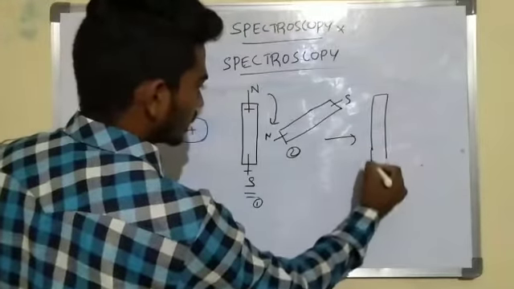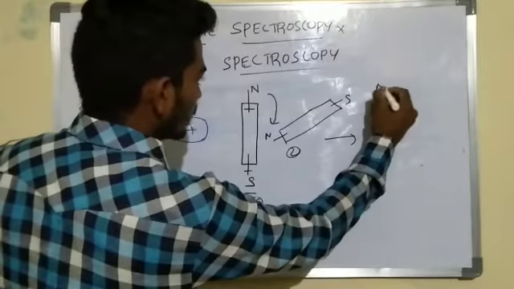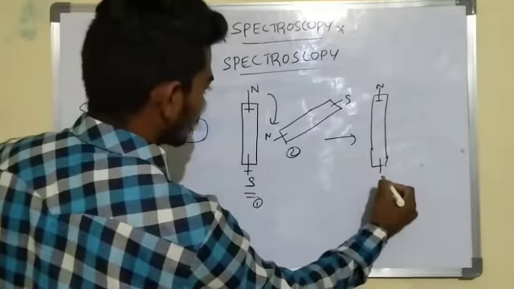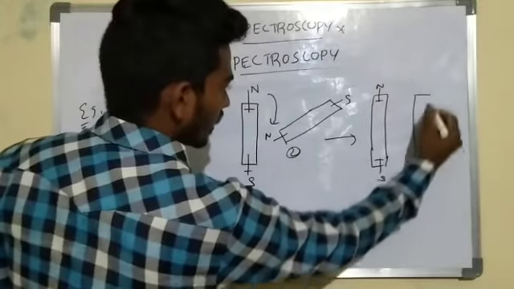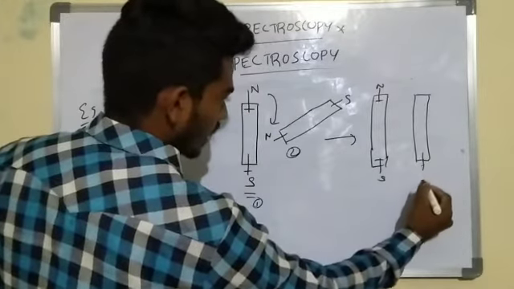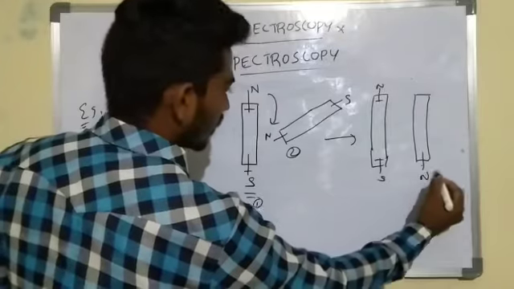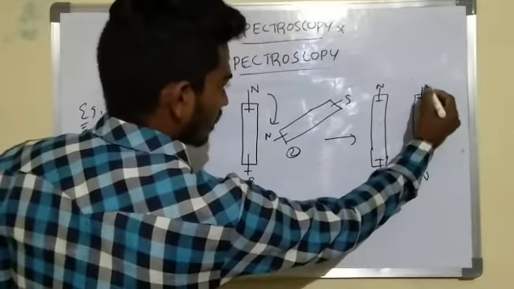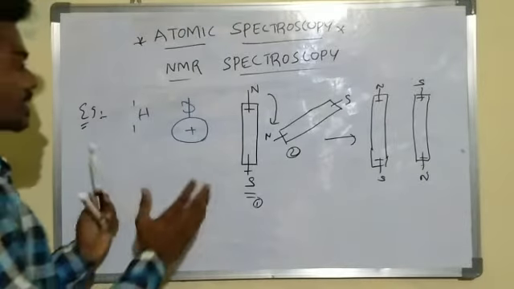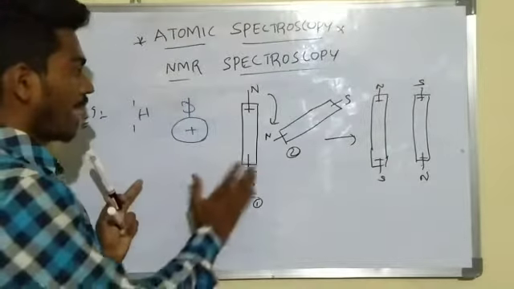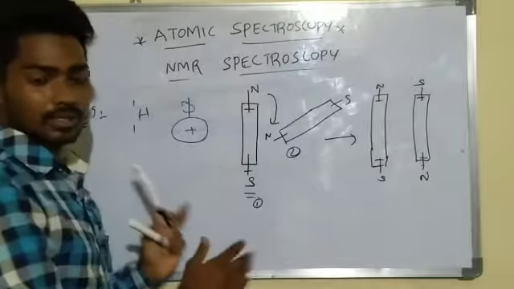The first magnet is in the same direction and they repel each other, so the second magnet takes the opposite direction because of repulsion. This is just overall information about how magnets repel each other.